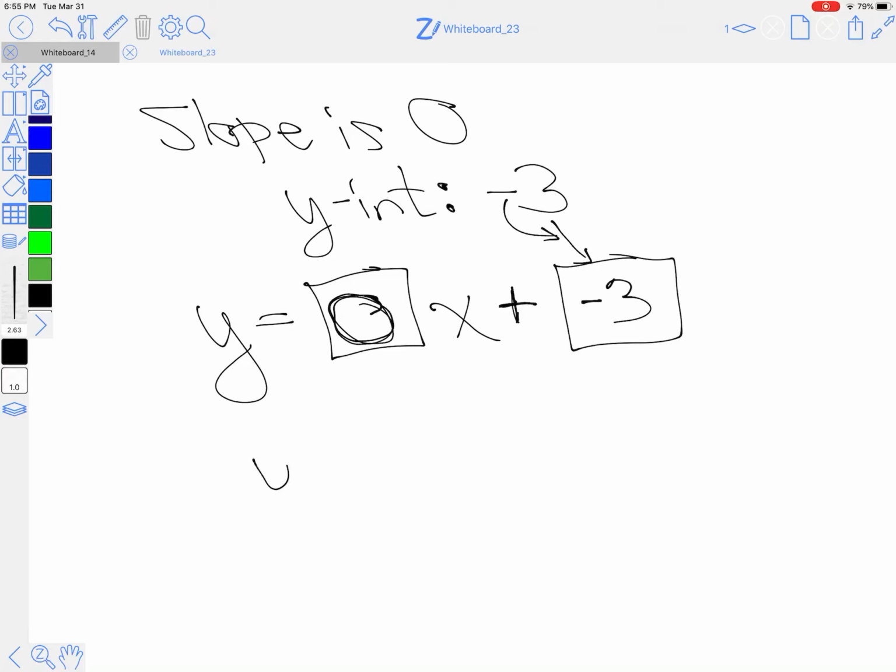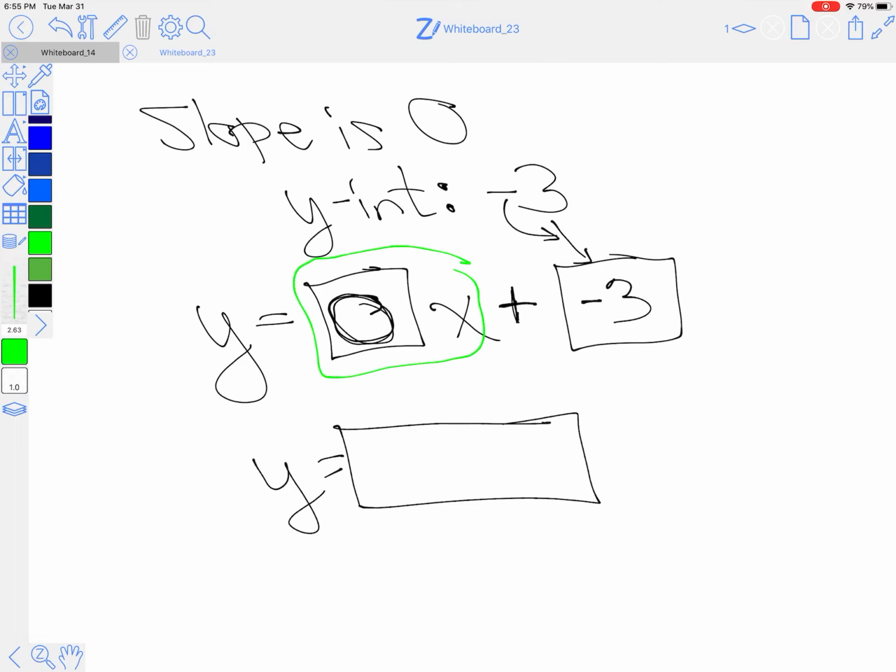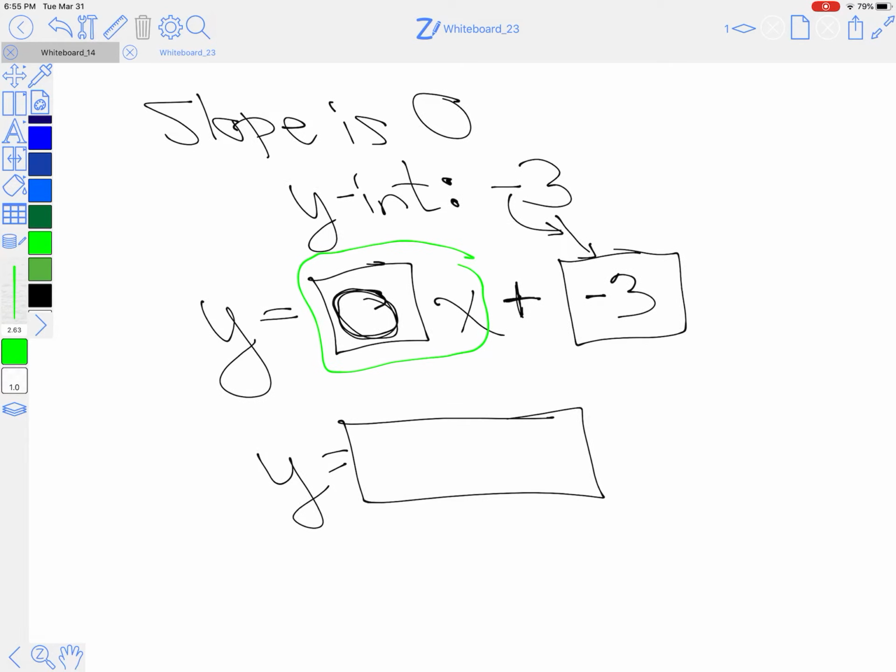Now, if they say y equals and they just give you the box where you have to fill everything in, well, what's 0 times x? What's 0 times 5? 0 times 5 is 0. 0 times x is 0. 0 times anything is 0. So that goes away, and I'm just left with the -3.